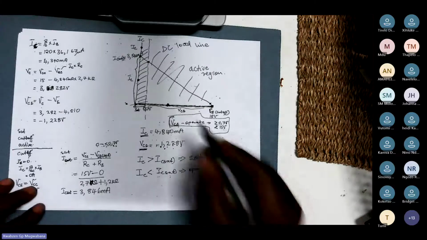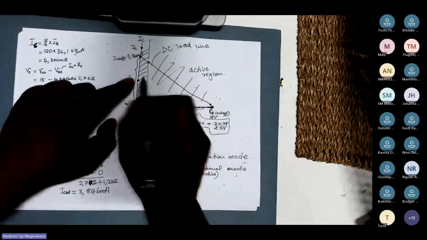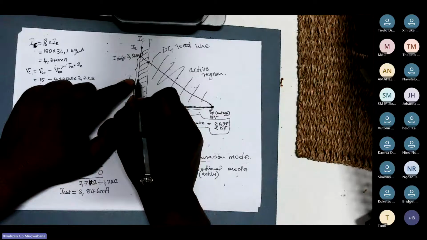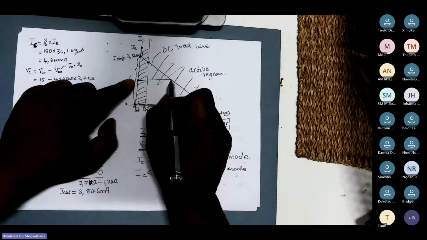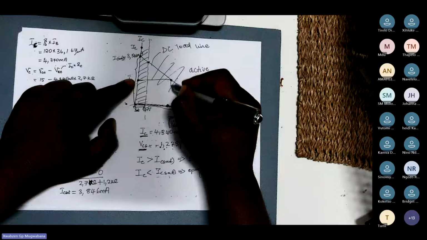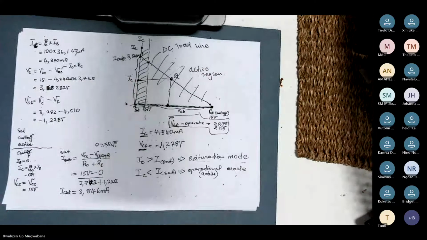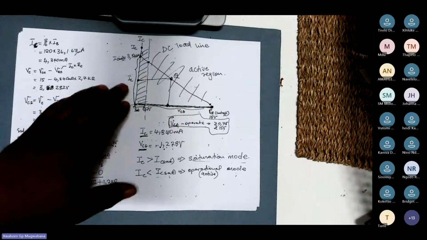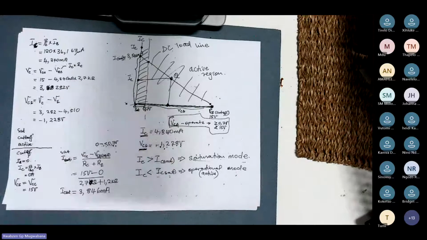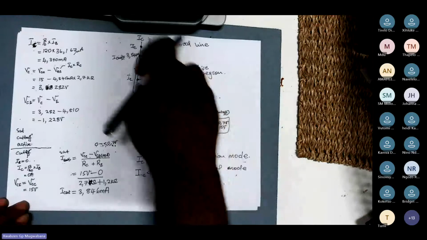If I say this is where my IC is, it needs to meet at that point there. That is your Q point. Do you understand what I'm saying right now? IC and VCE must have a correlating relationship within the DC load line.